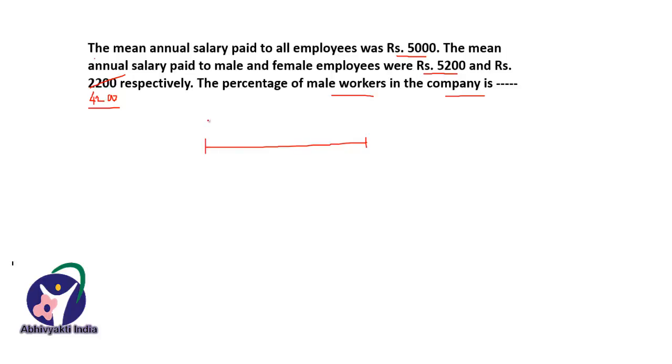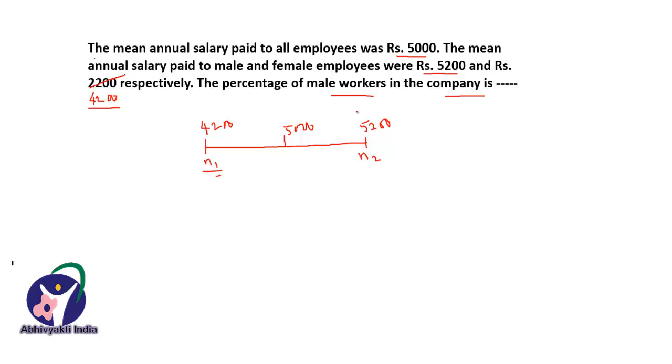Here the females, they are getting a salary of 4,200 and males, they are getting a salary of 5,200, and the average salary of all workers is rupees 5,000. So AW is 5,000 and we don't know N1 and N2.